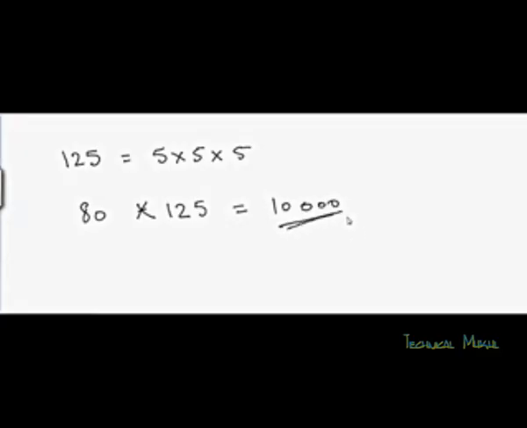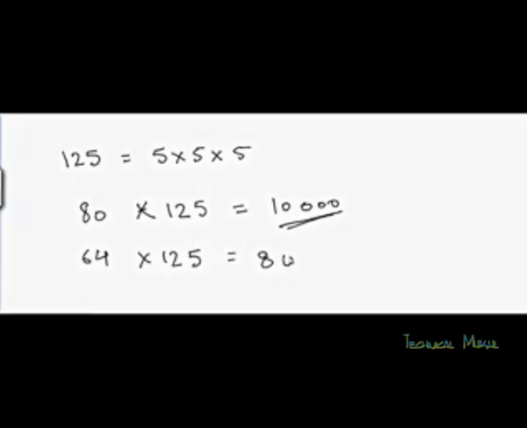So again, let's take another example. If I have 64, as we know that 8 into 8 is 64. In this case, if I multiply by 125, that will be equal to 8, because we divided 64 by 8, and then put 000 in the end.